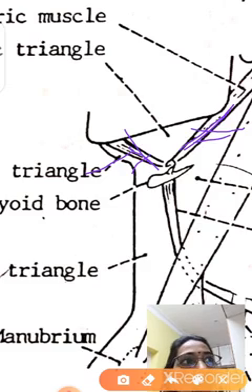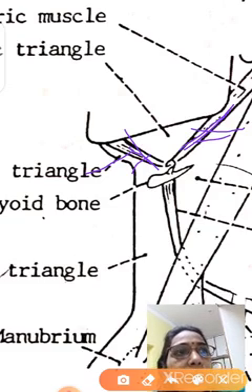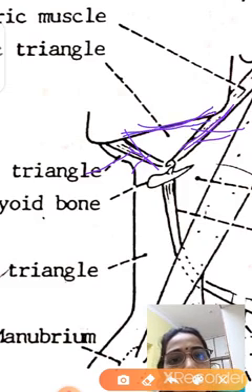Superiorly, the base is by the mandible and a line joining the angle of the mandible and the mastoid process. This is the mastoid process.